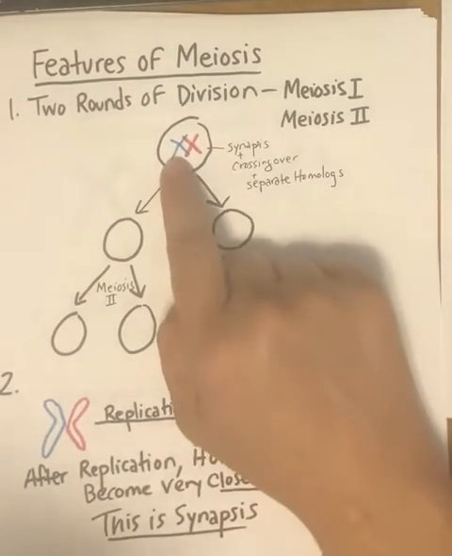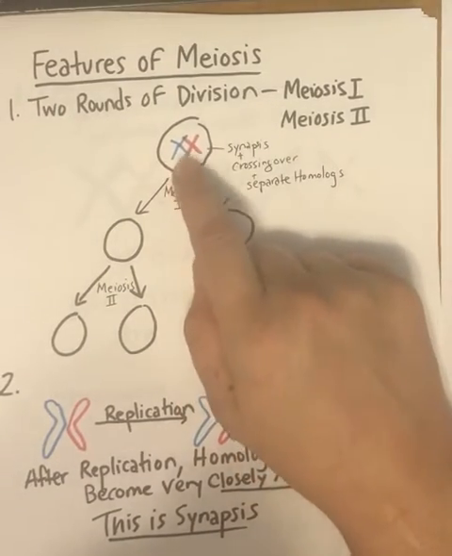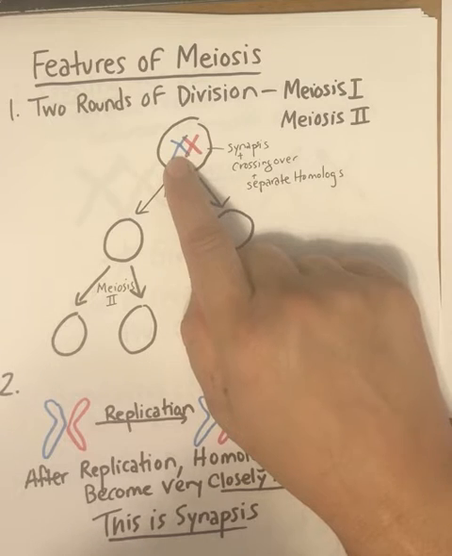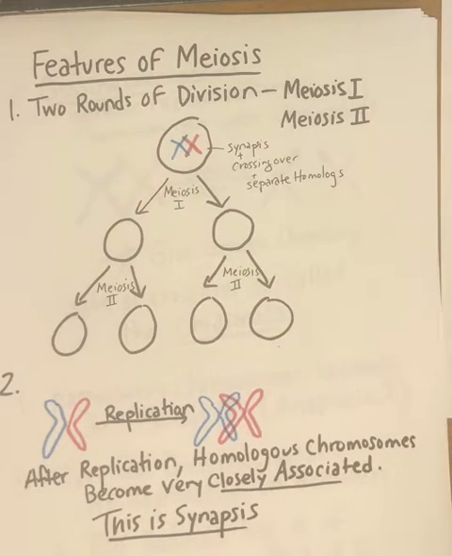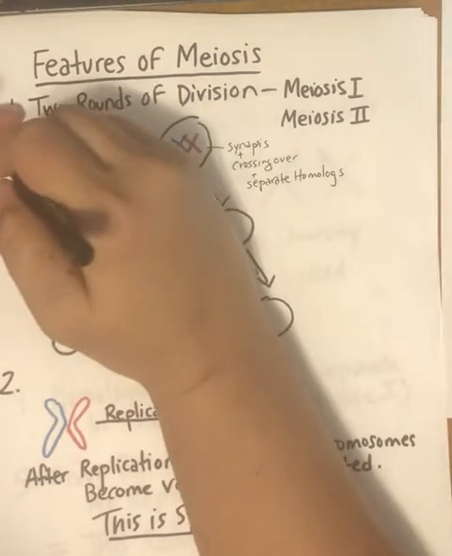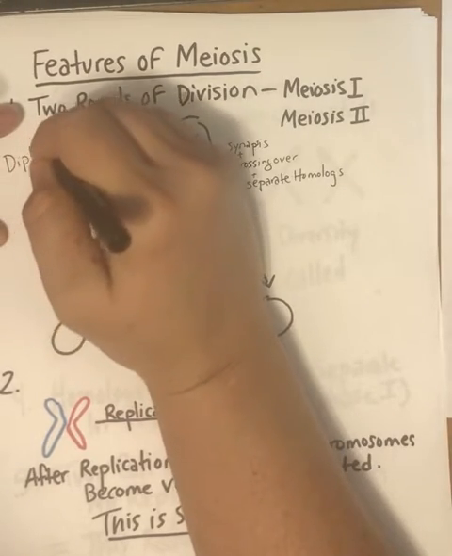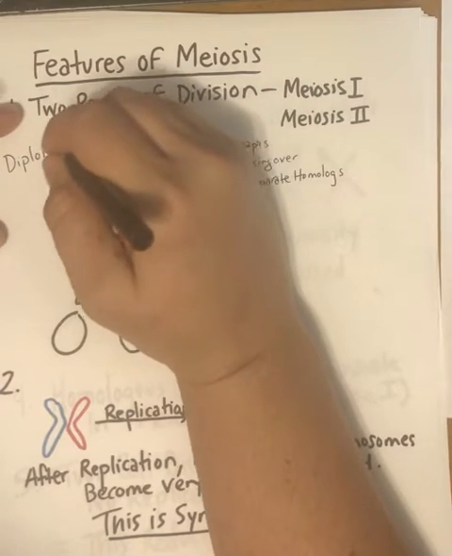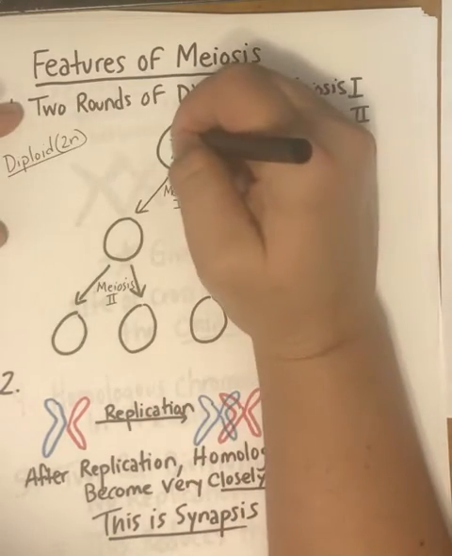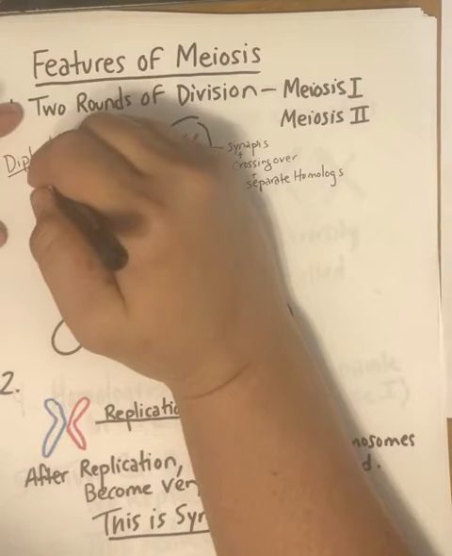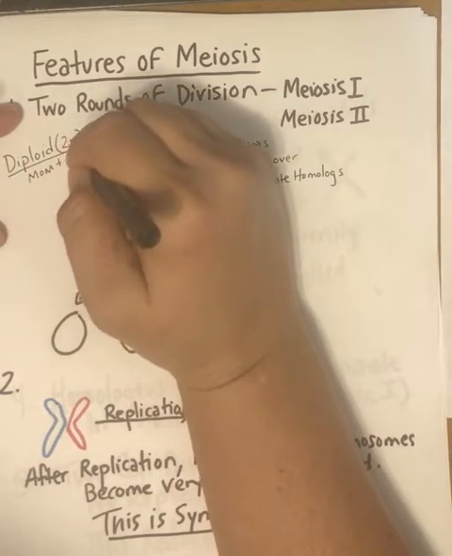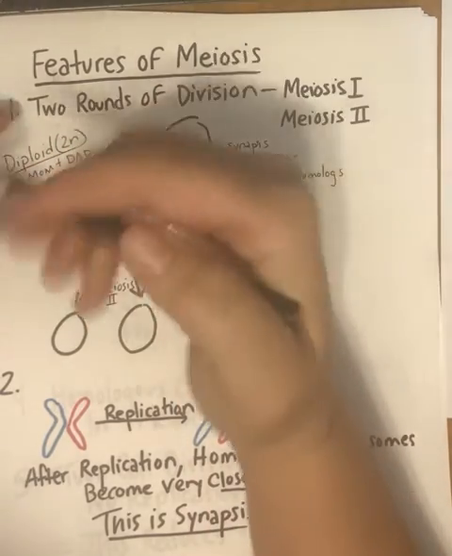So when we look at this, the first cell that we talk about is diploid. Diploid is one set from mom and one set from dad. Diploid. 2N, 2 sets of chromosomes, mom and dad. Mom plus dad equals 2 different sets, so this is 2N.